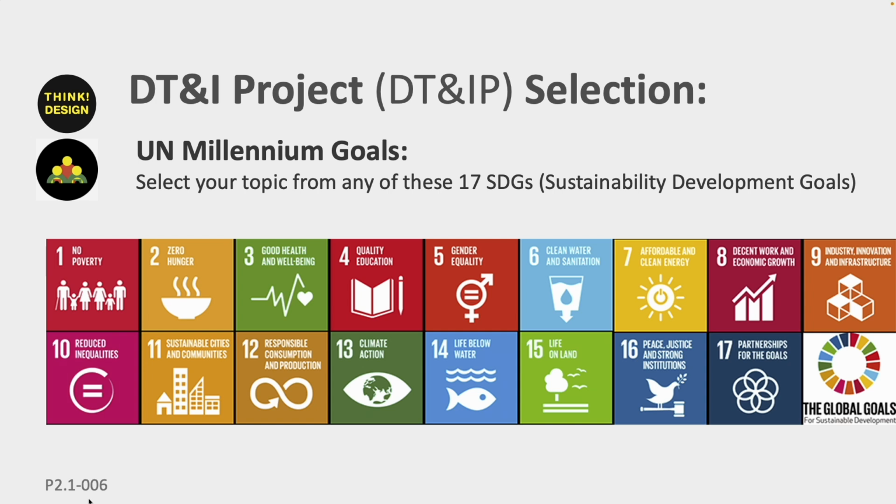Very nice topics: responsible consumption and production, climate action, life below water, life on land, peace, justice and strong institutions, partnerships for these goals. These are the 17 SDG goals. You can choose from any one of these.